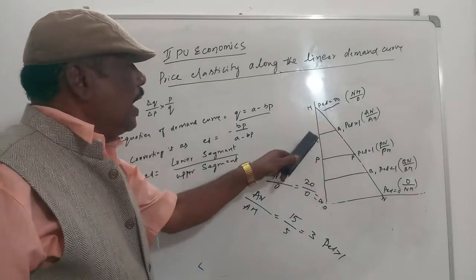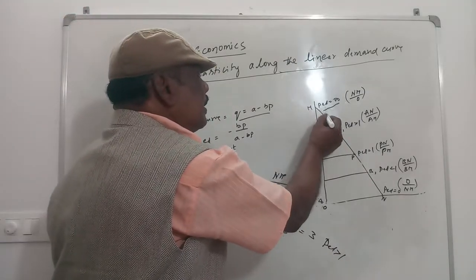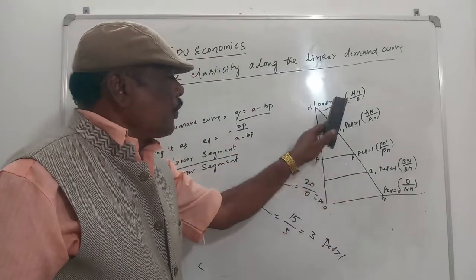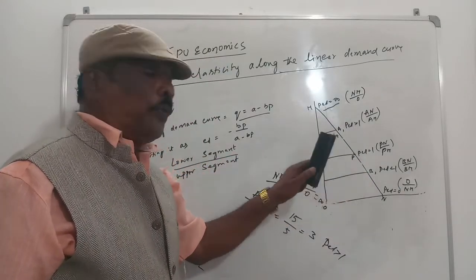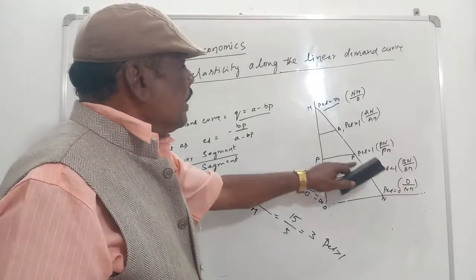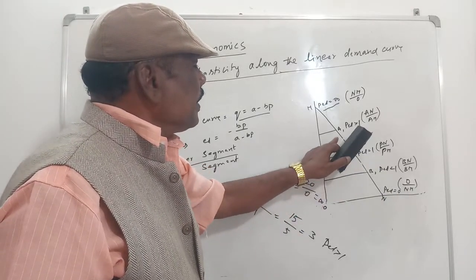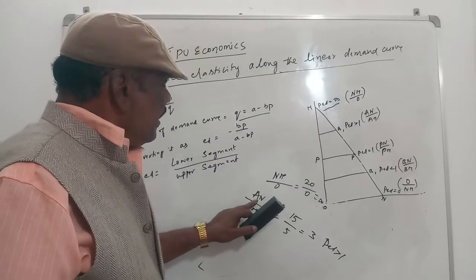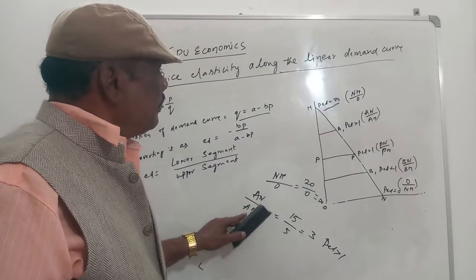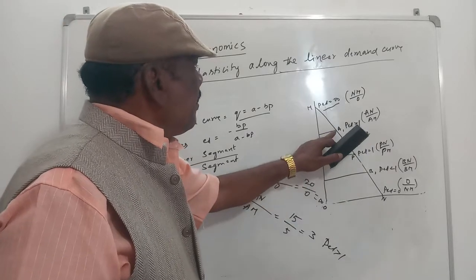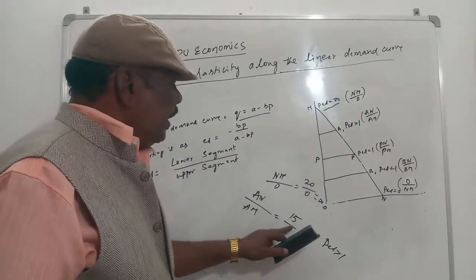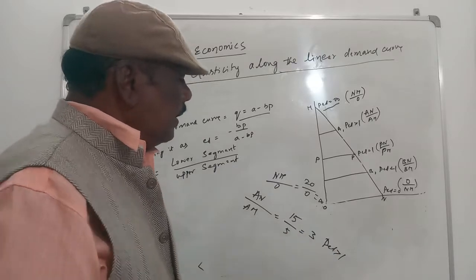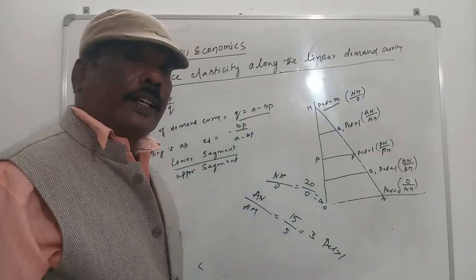Please understand, the full value of this line is 20 and it is divided into 4 divisions, 5, 5, 5, totally 20. So AN divided by AM, 15 divided by 5 is equal to 3. That is PED is greater than 1.